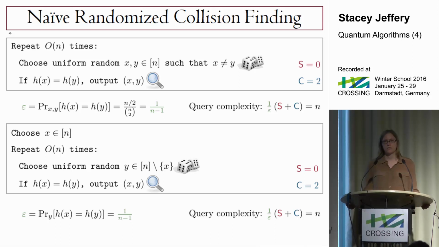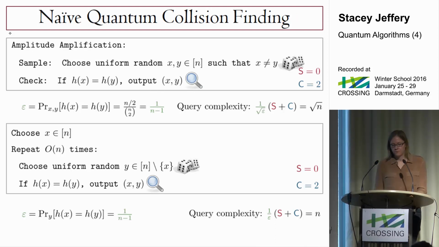Okay, now just to show how we can take these really simple classical algorithms and get quantum algorithms, we can consider the first algorithm, and instead of classically amplifying the success probability by running it n times, we're going to use amplitude amplification to amplify the success probability.